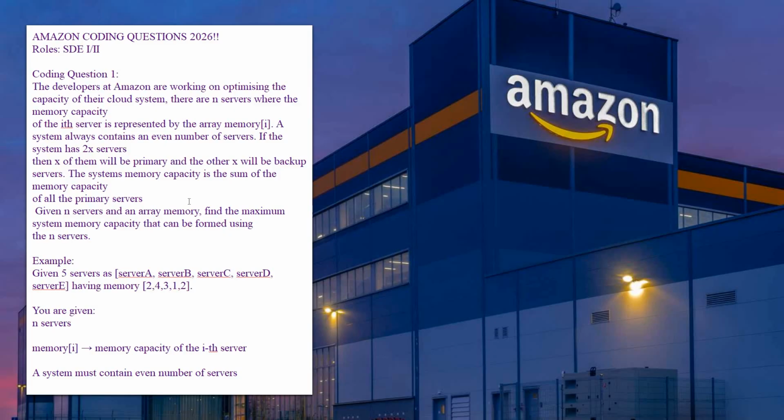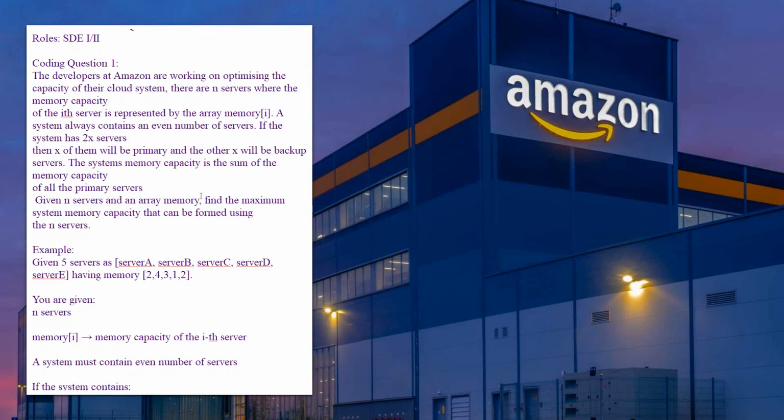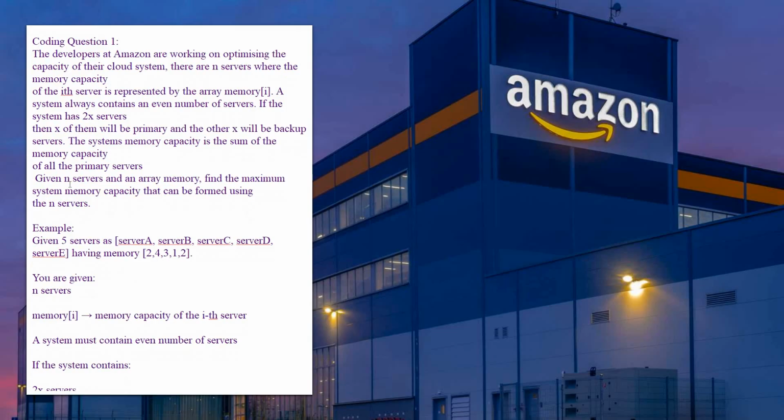The system's memory capacity is the sum of the memory capacity of all the primary servers. Given the n servers and the array memory, your task is to find the maximum system memory capacity which can be formed using the n servers.